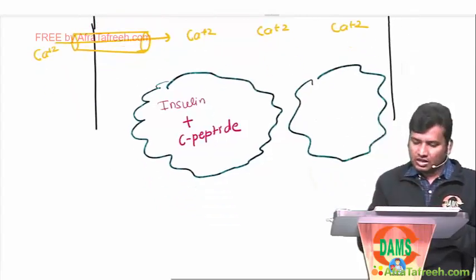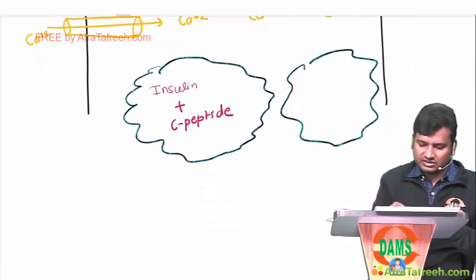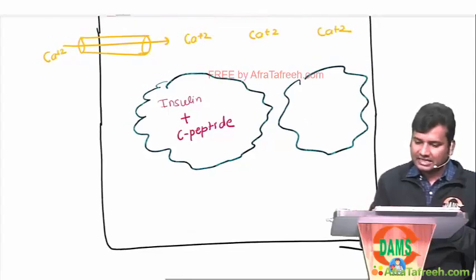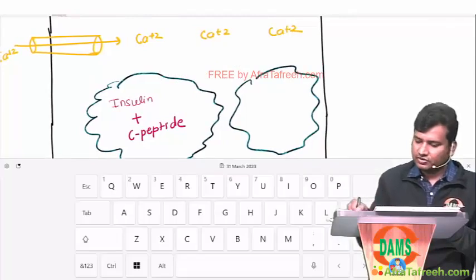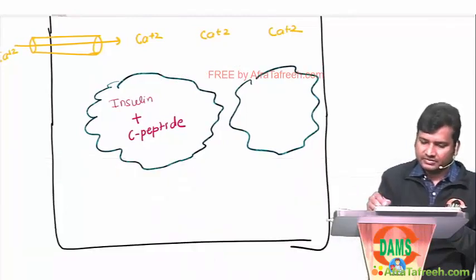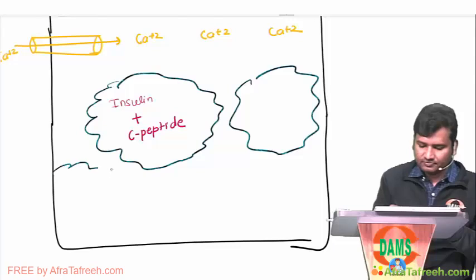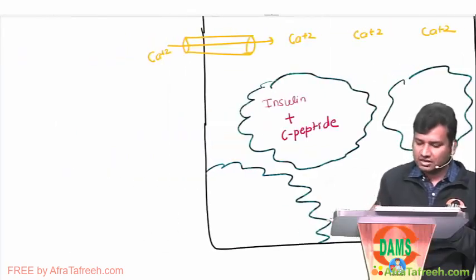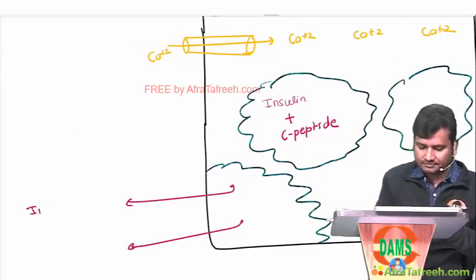So now we have insulin vesicles present in beta cells, and calcium is responsible for release of these vesicles, and from these vesicles insulin will be released with C-peptide.